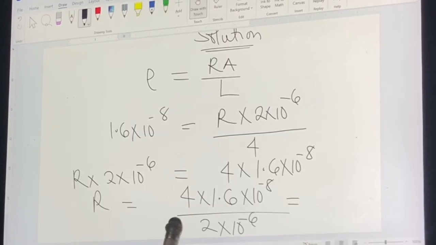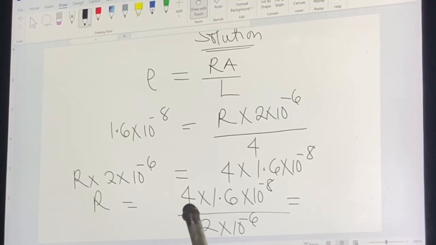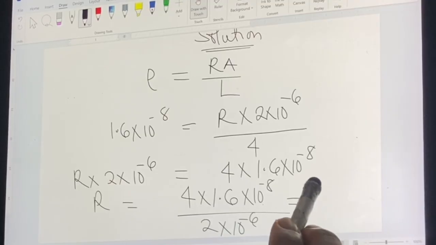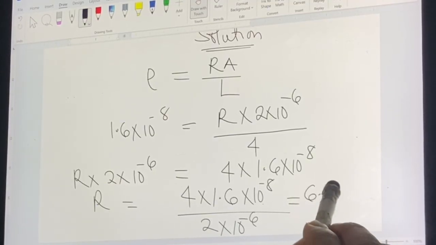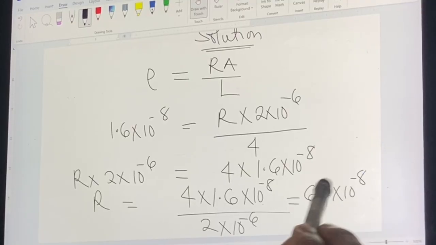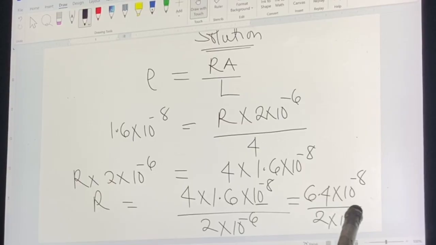So let's punch our calculator. Whenever you have something like this, the first thing to do is to multiply the number by number and simplify the terms, that is, this 10 raised to the power minus 8 and 10 raised to the power minus 6, separately, okay? So let's multiply the numbers. 4 times 1.6 will give us 6.4 times 10 raised to the power of minus 8, over 2 times 10 raised to the power of minus 6.